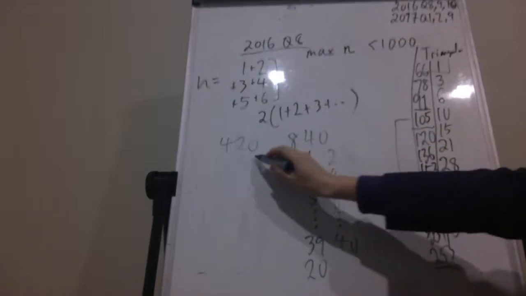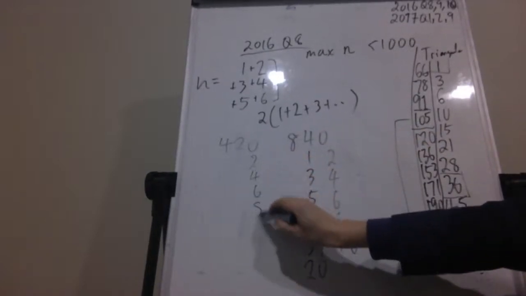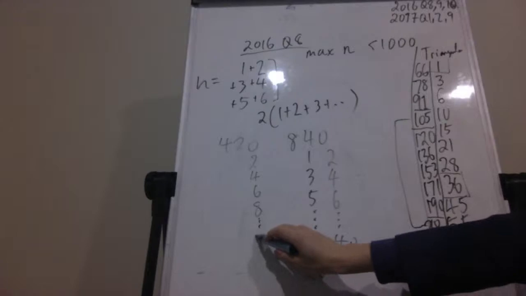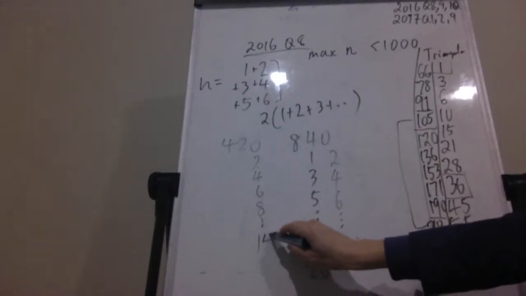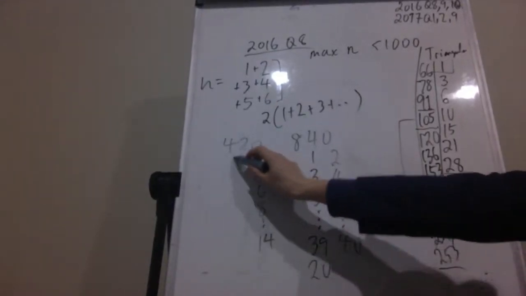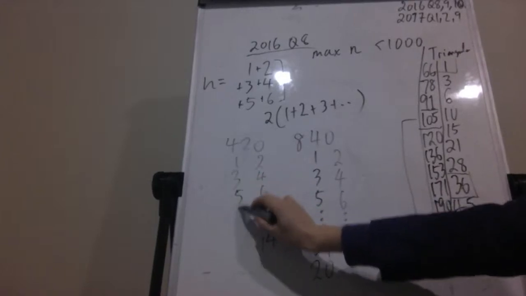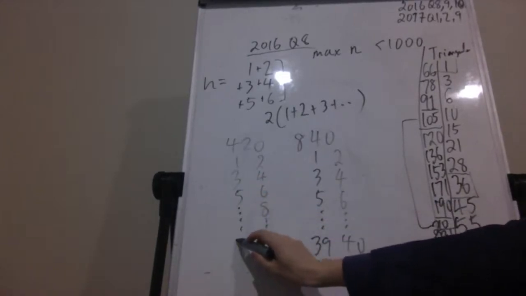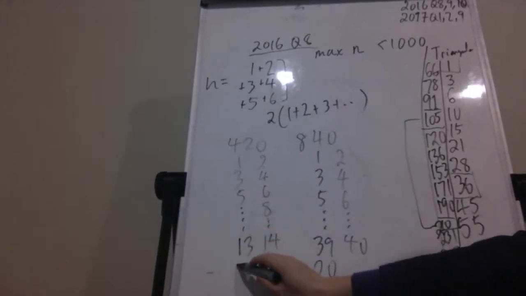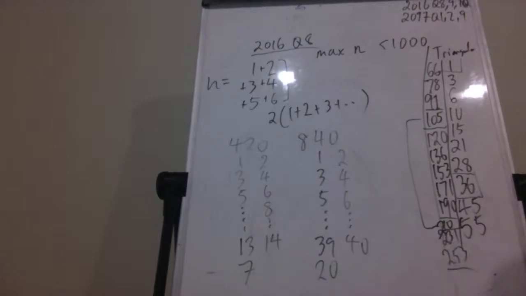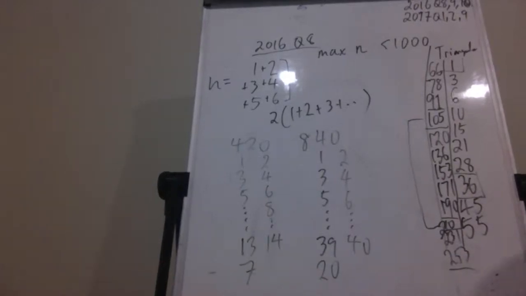It's 14, just 2, 4, 6, 8, 10, 14. That adds up to 105, and then you said it's 7. So that's the biggest solution, and then you just check the other two.